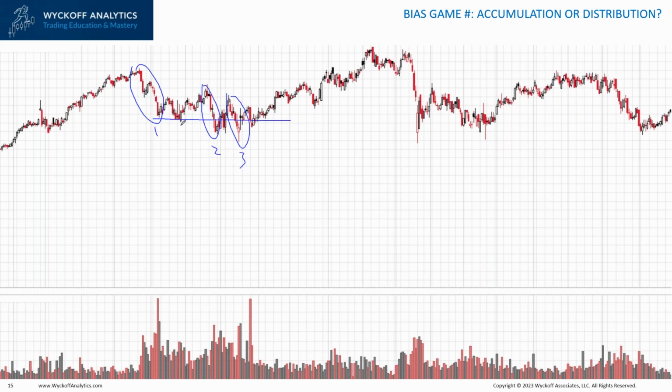Okay, what do we see? 1, 2, and I guess this is 3. Okay, what is the extension to the downside? Decreasing, shortening of the thrust, right? What does this suggest?